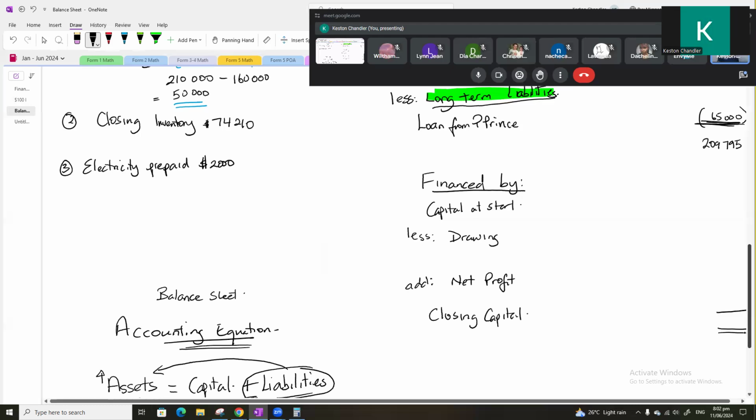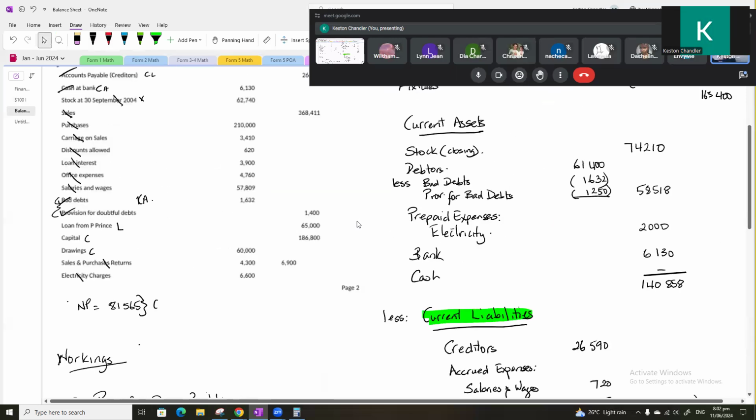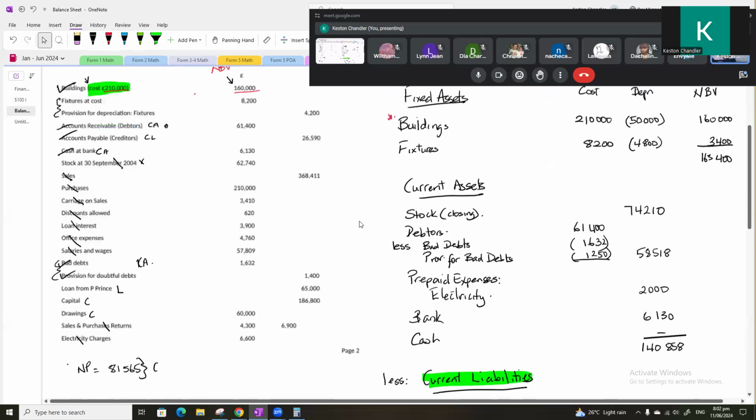Now, what should happen ideally when I put the figures in here is that my closing capital should be equal to this 209,795. Let's check it and see if that's the case or if we need to go and do some check boxes, see if we missed anything. So capital here, 186,800. See that? 186,800.